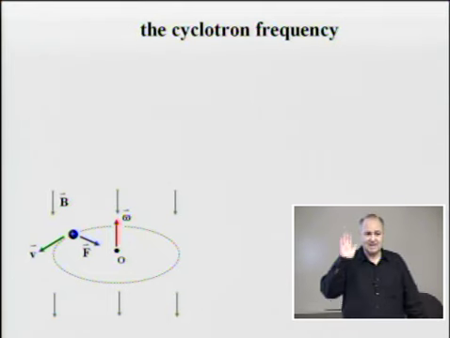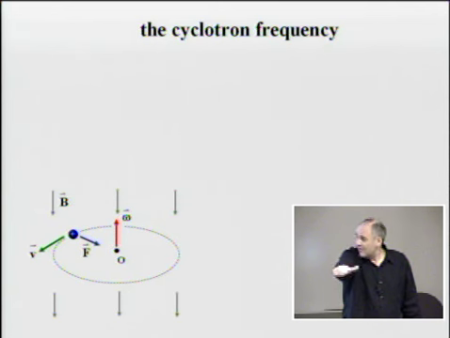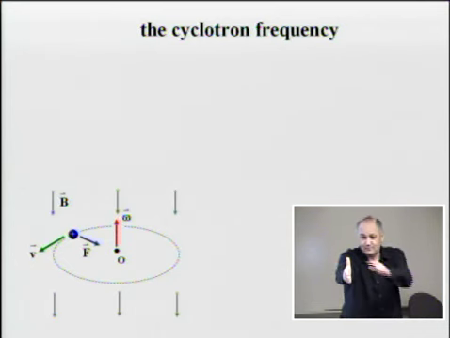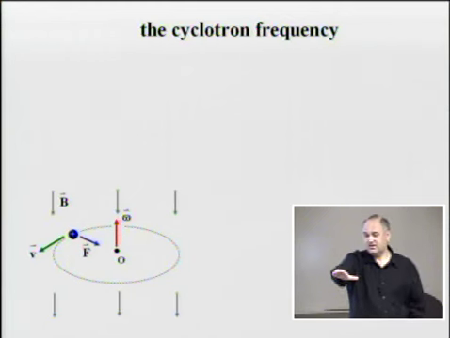First I will align my hand with the direction of velocity. Now, I know that the force has to be to the left. So I start following the thumb and rotate it until the force agrees. I see that the magnetic field had to be down, right?